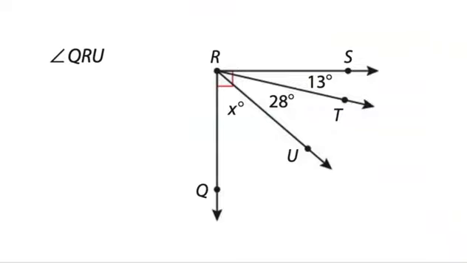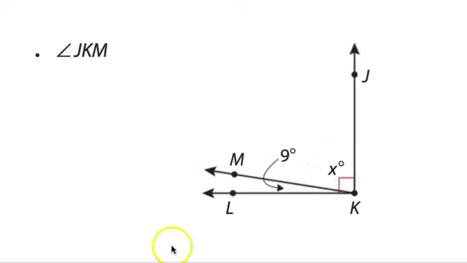I'll erase that. And let's look at one more example. All right, so this one we have 2 parts, unlike the last one which had 3 parts. So I have my one part here and my second part here. I see here that it's a right angle, which I know is going to be 90.